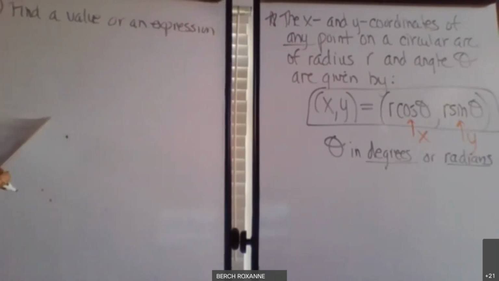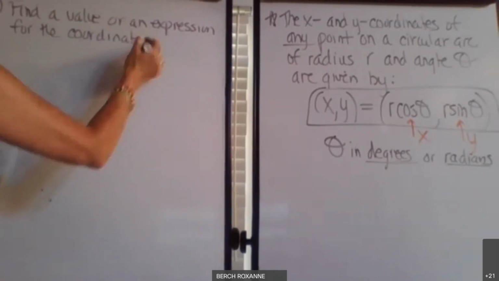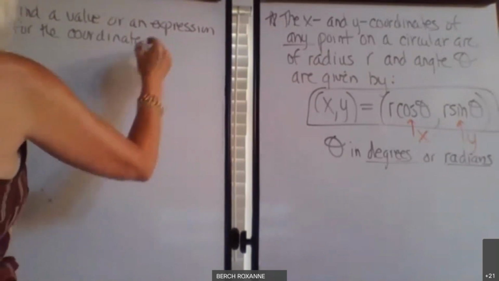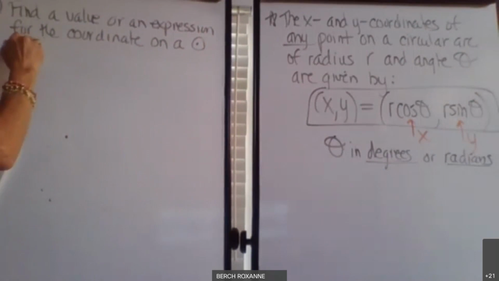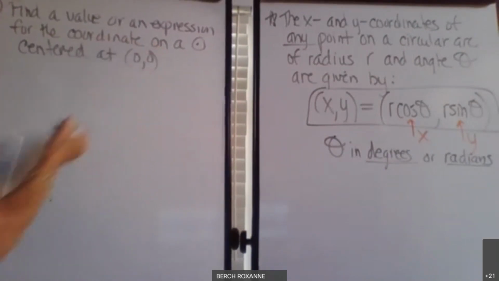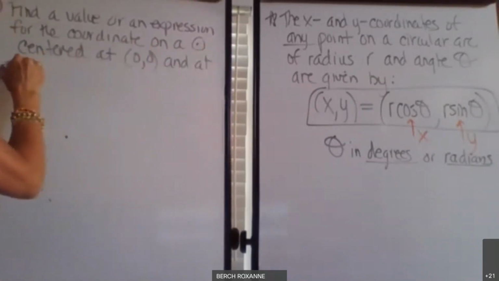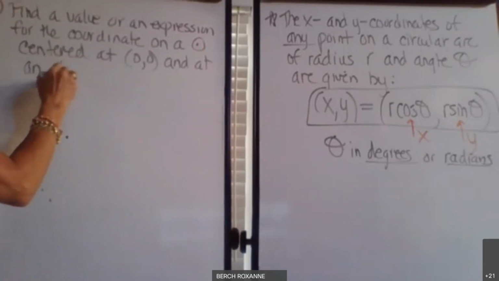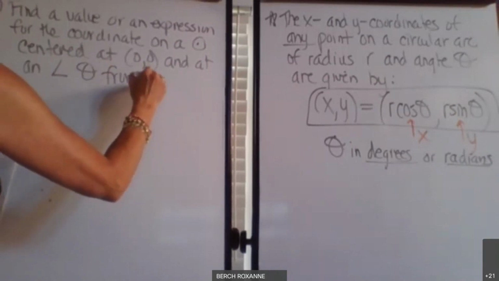All right, find a value or an expression for the coordinate on a circle centered at 0, 0, and at an angle theta from the x-axis.